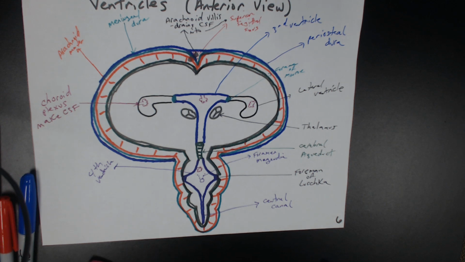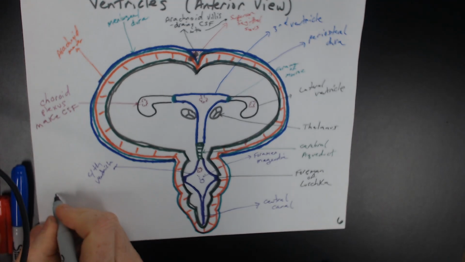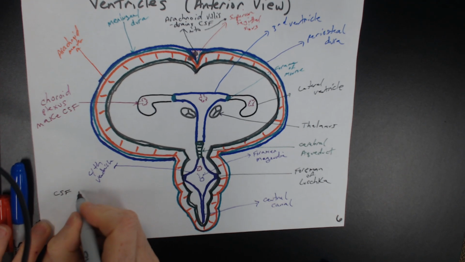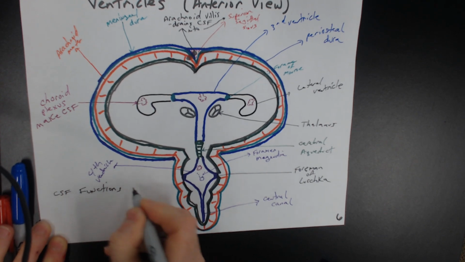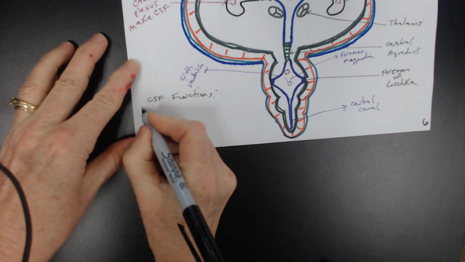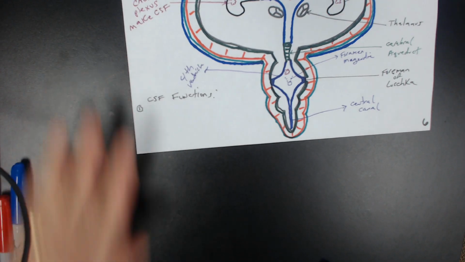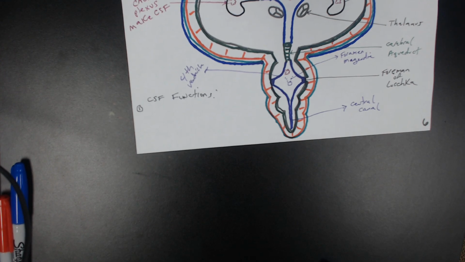Okay, so the last thing I want to talk about is just CSF functions. So CSF function. Okay, just four of them that I'd like to list. So the first is going to be buoyancy.